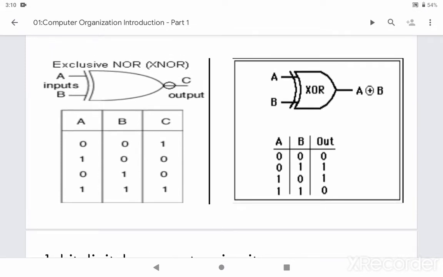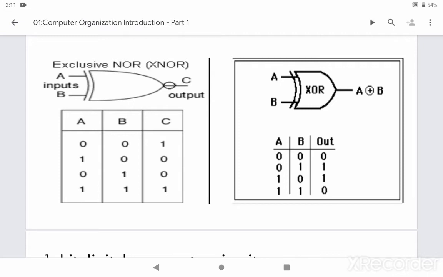Now we can talk about XOR. I am passing two inputs A and B and getting my output. Simply look at the diagram and the truth table. I pass 0 and 0, and the output will be 0.